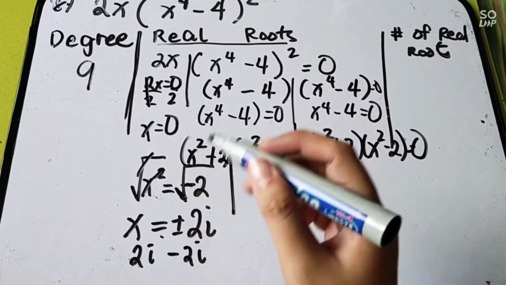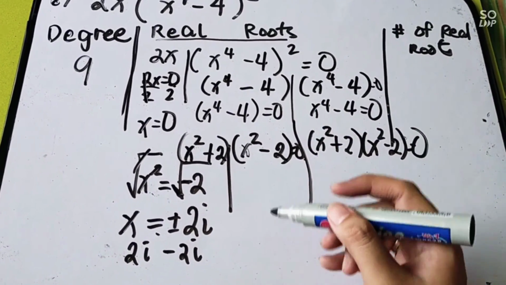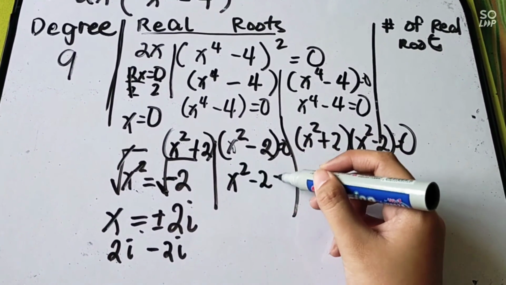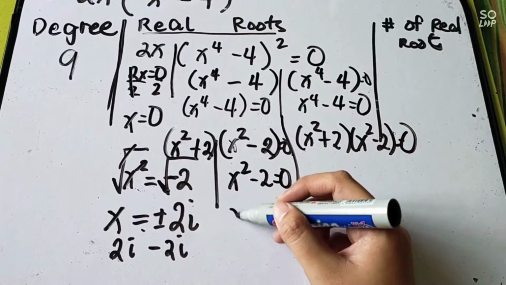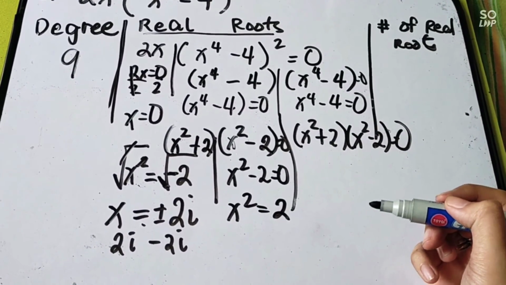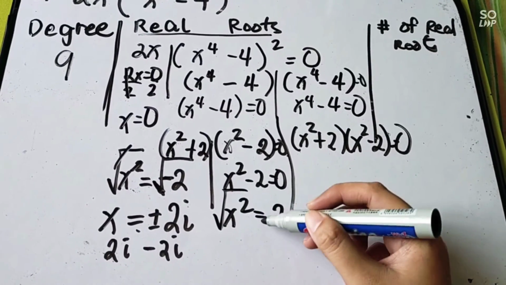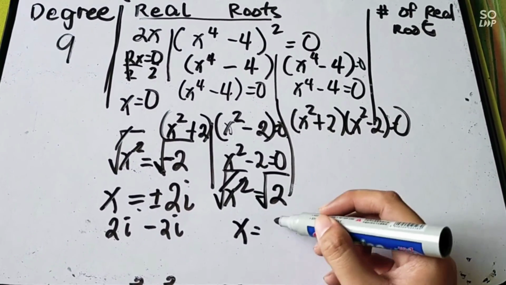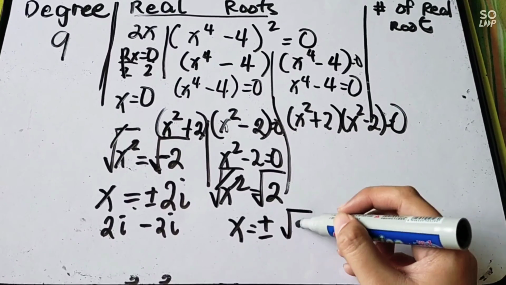So, this is not included as a real roots. So, this one, x squared minus 2 equals to 0. Transpose mo. X squared is equals to positive 2. Square root mo yan. Cancel, cancel. So, ang x mo ay positive and negative square root of 2.